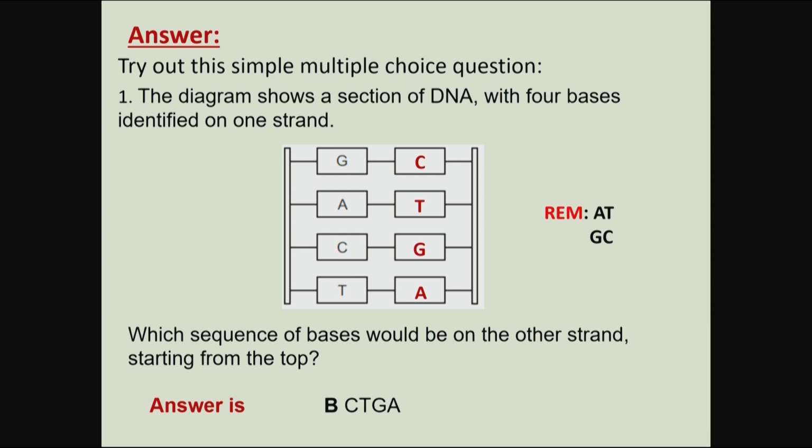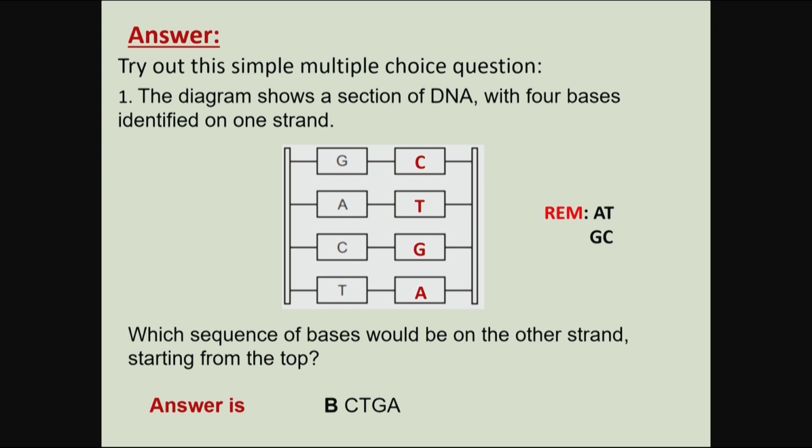Now, let's see if you found the answer correctly, okay? I asked you to find the base sequence on the next strand of that DNA molecule. Remember what I told you earlier: A will always pair with a T, and C will always pair with a G, okay?